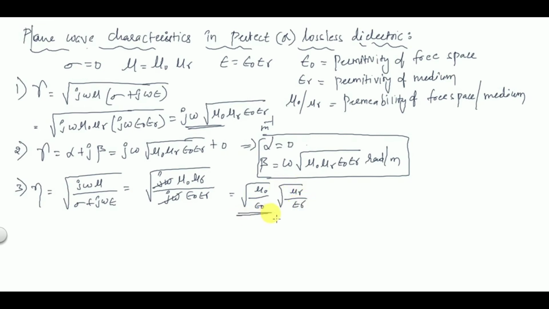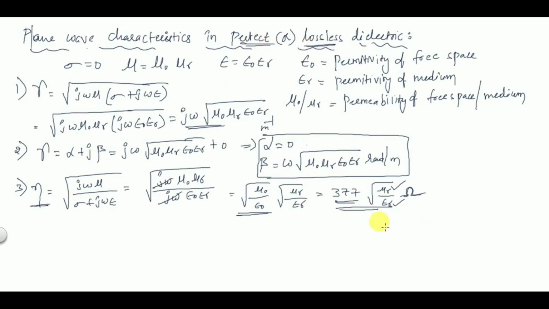So we know that root of mu naught by epsilon naught is equal to 377 ohms. So 377 multiplied by root of mu r by epsilon r ohms. Okay, so this is the value of intrinsic impedance. So if you are given mu r and epsilon r, take the ratio, take the square root and multiply it with 377. That gives you the intrinsic impedance when the wave is traveling in perfect or lossless dielectric.